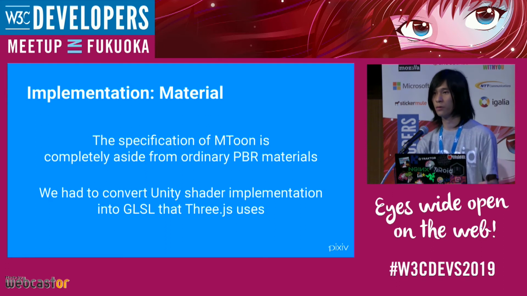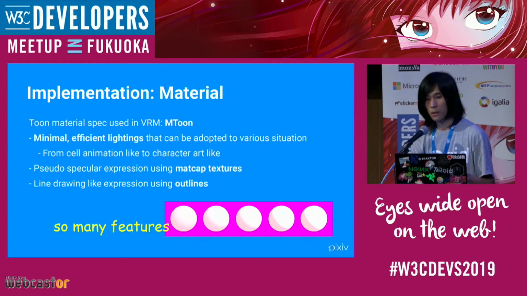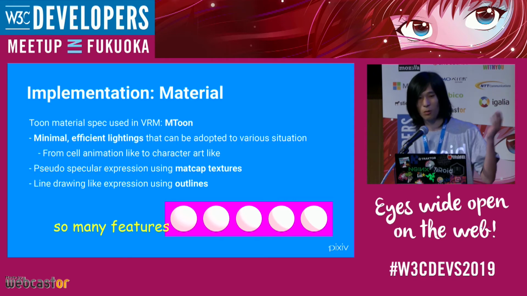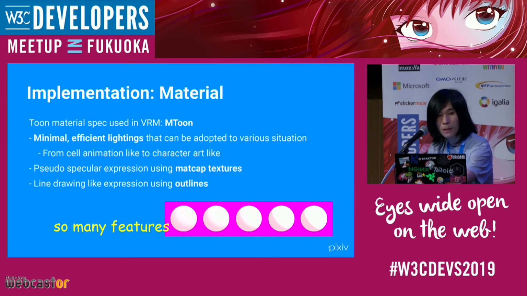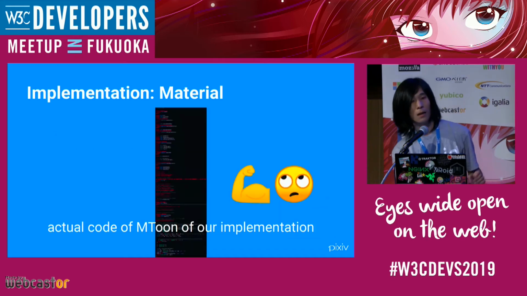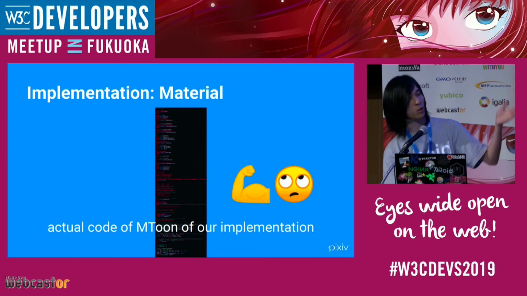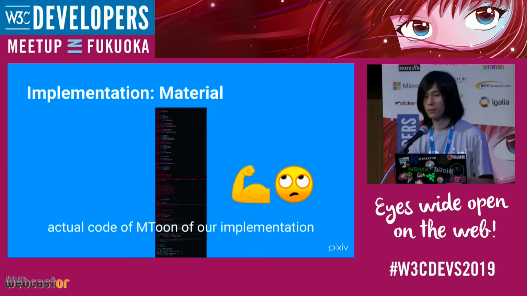So we had to convert the actual Unity implementation into three.js. As I said before, MToon has so many features, and we had to write pretty long shader code. It was a really painful time.